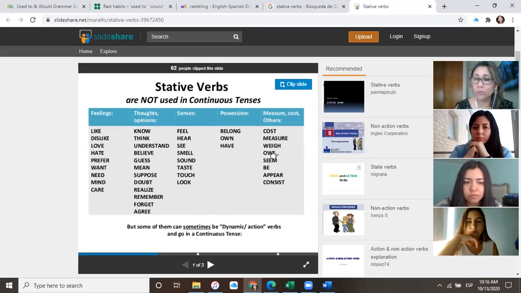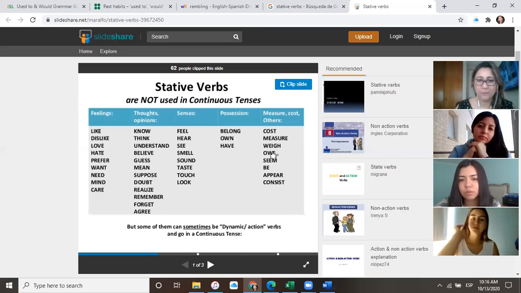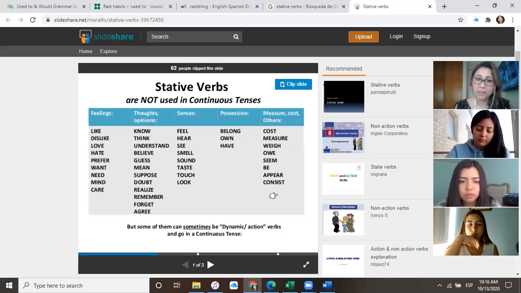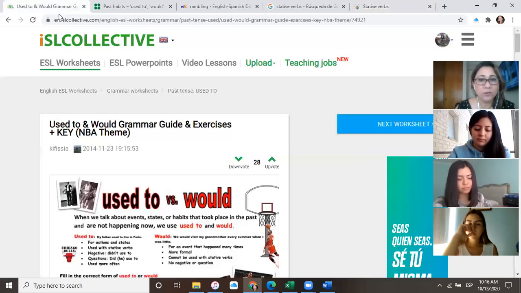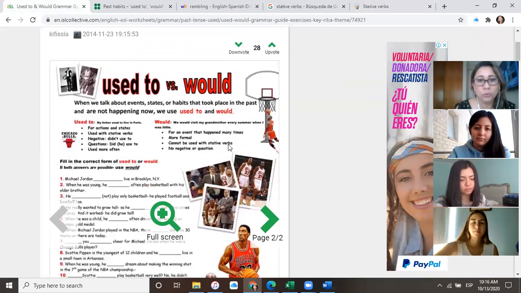I owe you one. Seem, be, appear, and consist. So you can see the recording again later when you study to know the stative verbs. And remember that they are not used with "would."